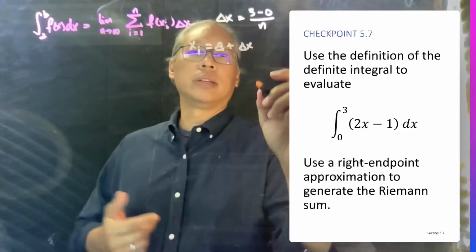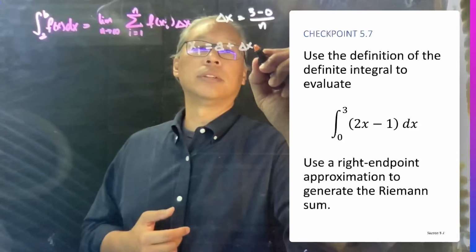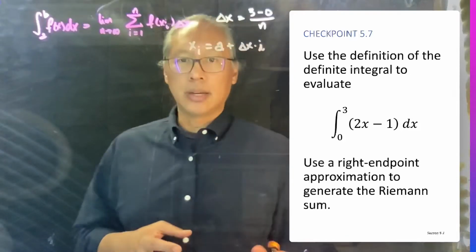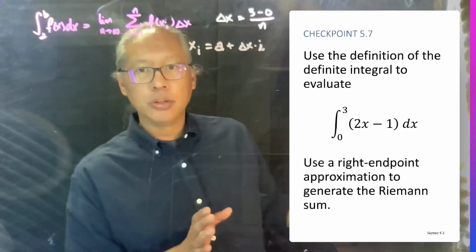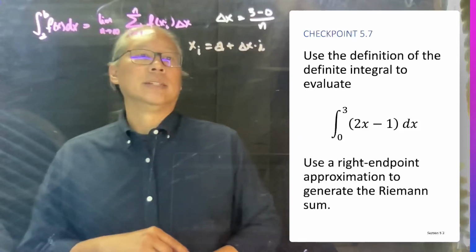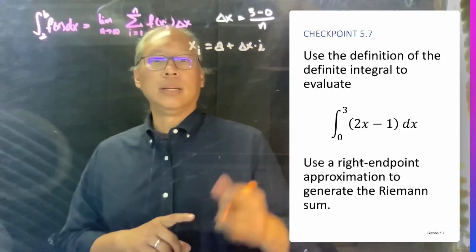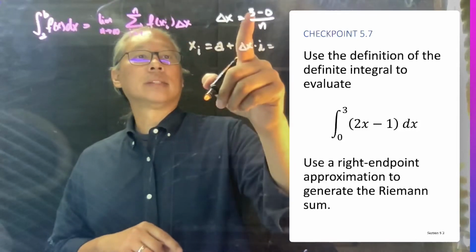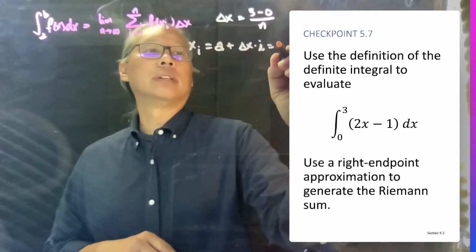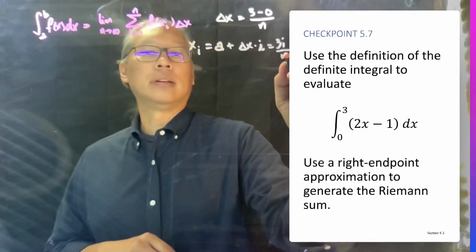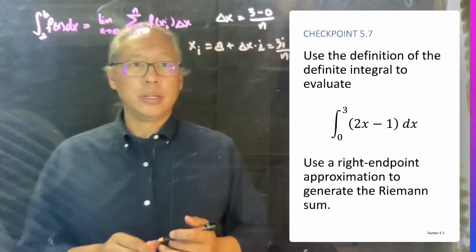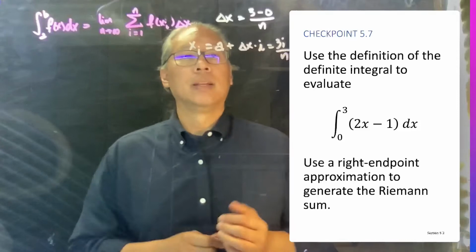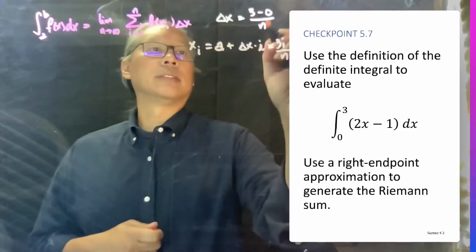For the third one you're going to add 3 delta x's, so you add delta x times however many times you want to move from a. In this particular problem, a is equal to 0 and delta x is 3 over n, so this is going to be 3i over n. And that is going to be our x sub i's. And we know that delta x is 3 over n.